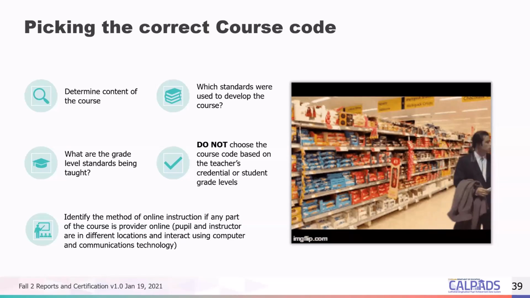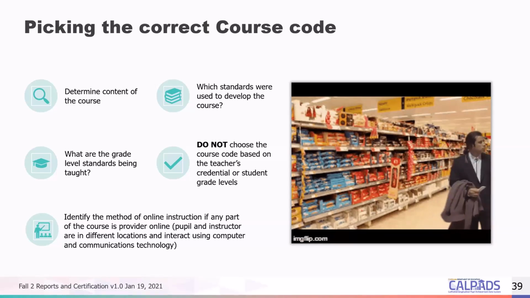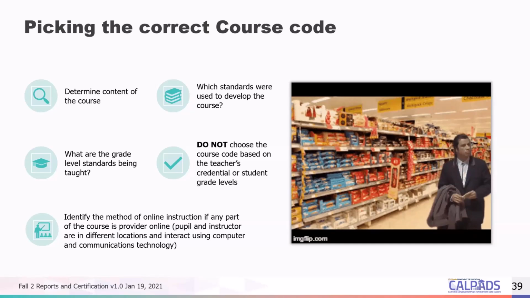Sometimes we find ourselves in a situation where we do pick the course or at least consult with curriculum and instruction. So what you want to consider is you want to determine the content of the course first. What is the instruction being provided? That is how you map the course to the state course code using the CalPADS code set. The code set has the definition, which is a description of the course content for every state course code.